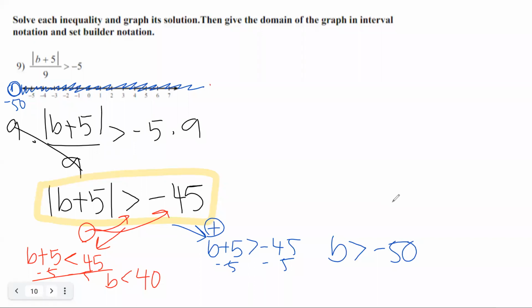So let's find a number line all the way over here at 40, an open circle, and it's less than. Woohoo! So this is pretty much the entire number line covered.